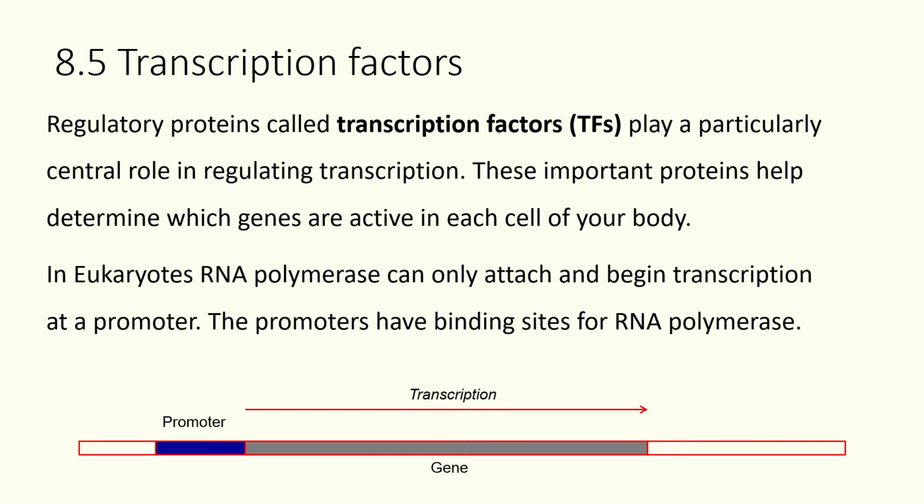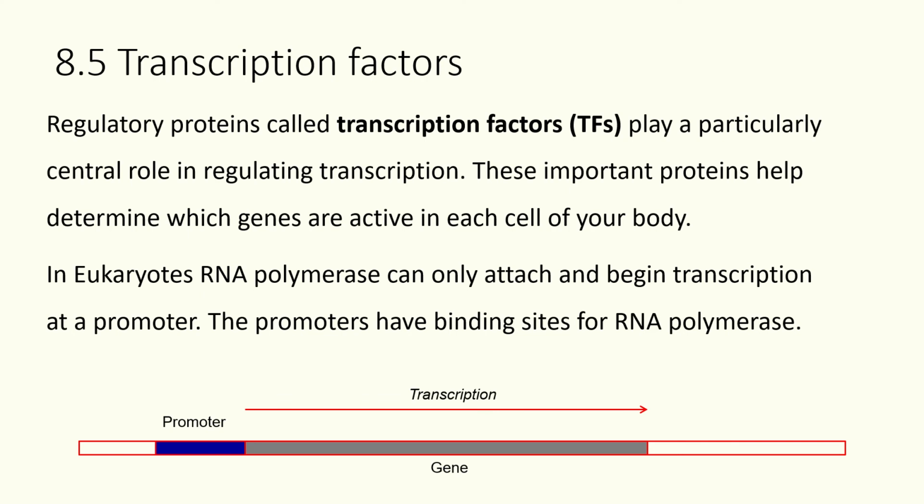These play an incredibly important role, as I said, because they effectively allow transcription to occur or not occur. Transcription factors, or TFs, are proteins, and these proteins determine which genes are active in each cell of your body. The example before, where we had the liver cells with the alcohol dehydrogenase gene active and the neurotransmitter hormone gene inactive, is controlled by transcription factors.